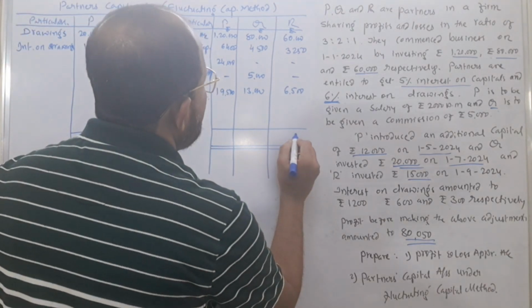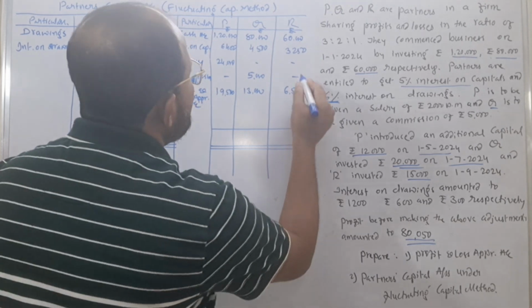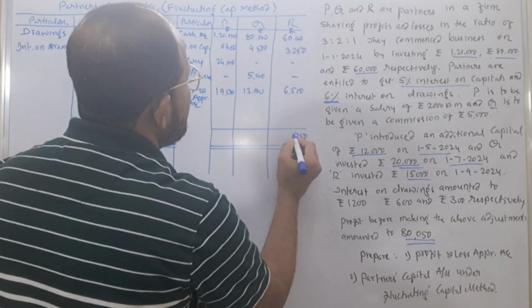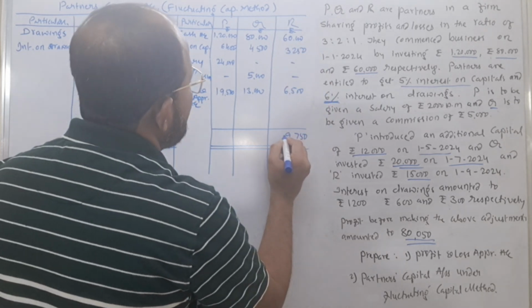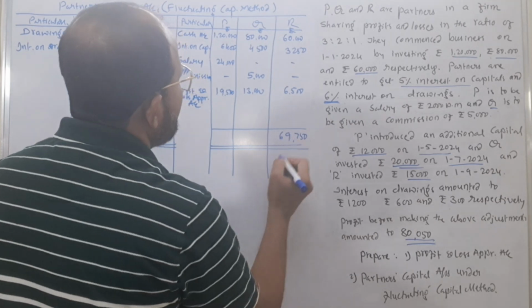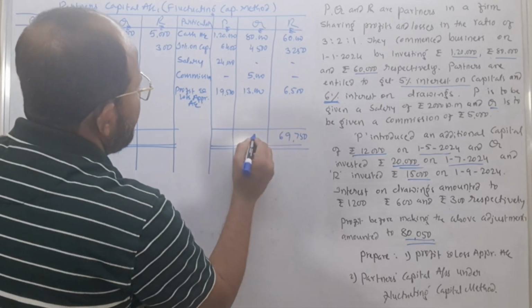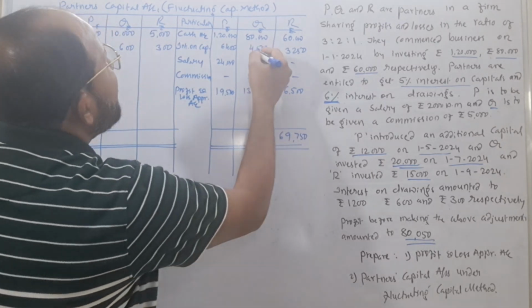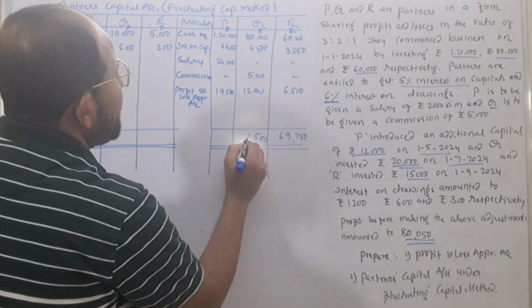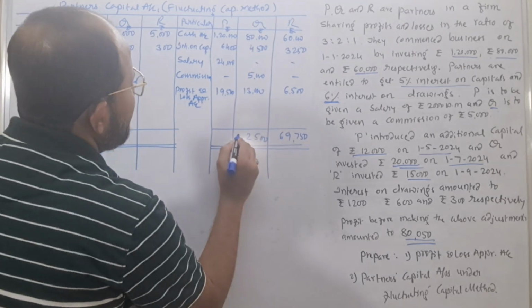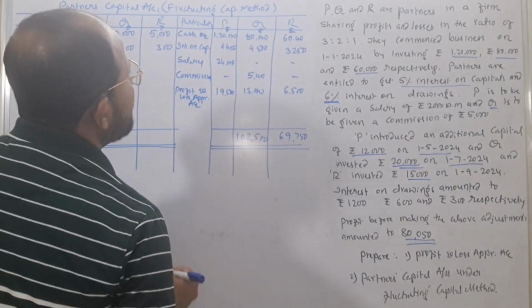Here total is 750. Next one is 69,750. Here total is 1 lakh 2,500.